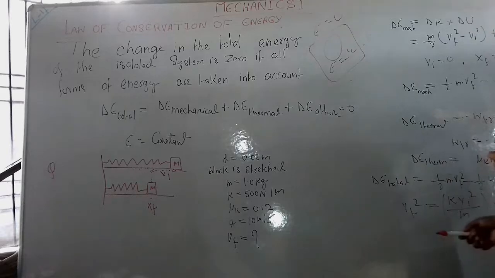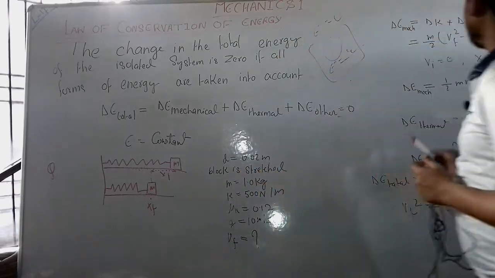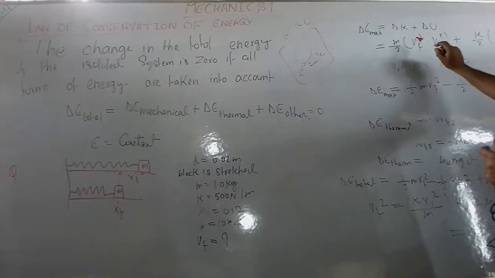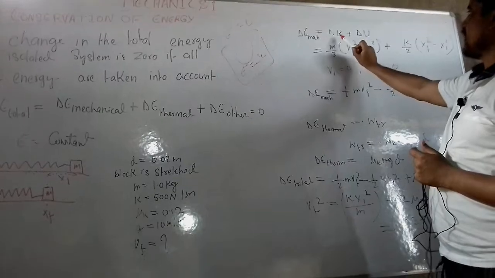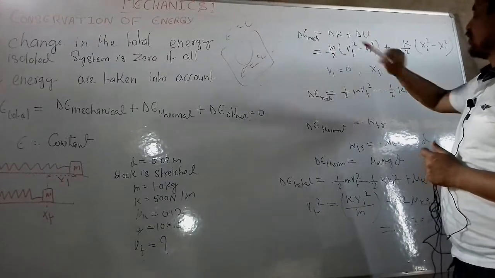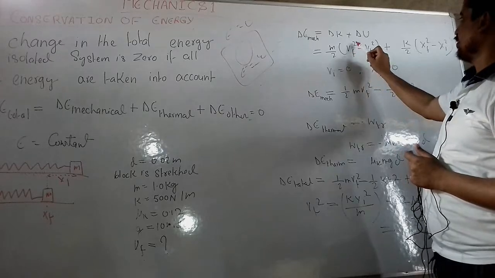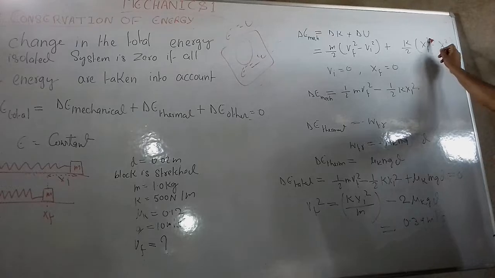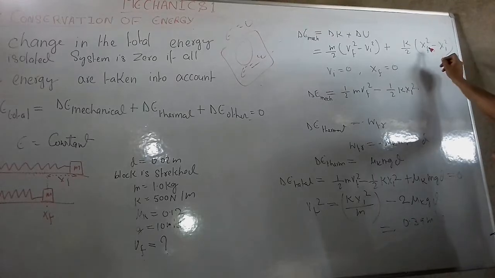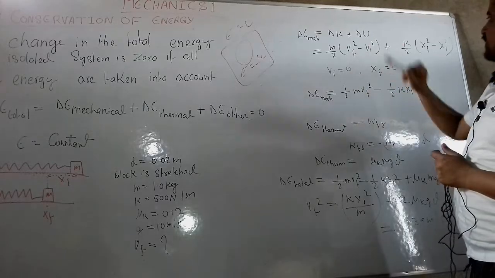First of all, we have to calculate the mechanical energy of this block. The difference in mechanical energy is the difference in kinetic energy plus the difference in potential energy, which is m by 2 v final square minus v initial square, plus k by 2 x final square minus x initial square. These are the final position, initial position, final velocity, and initial velocity.